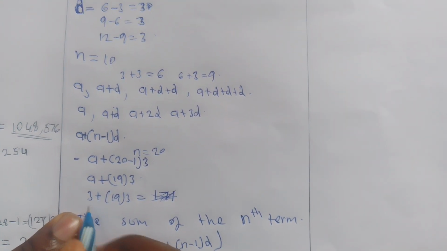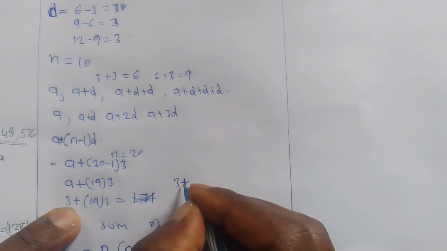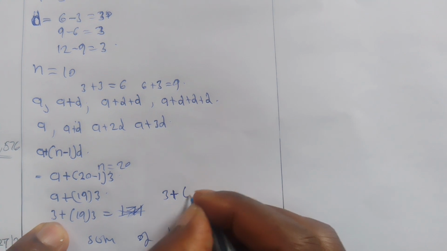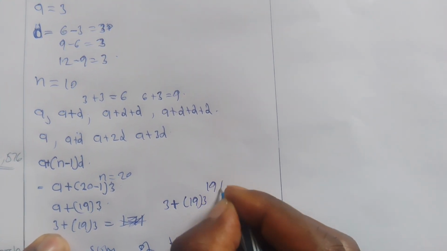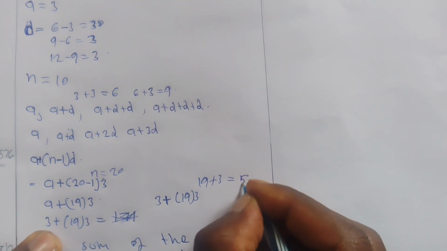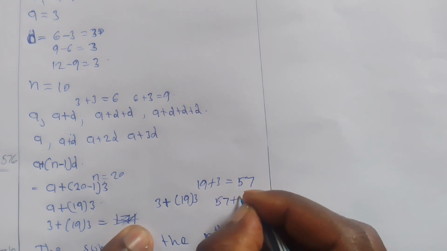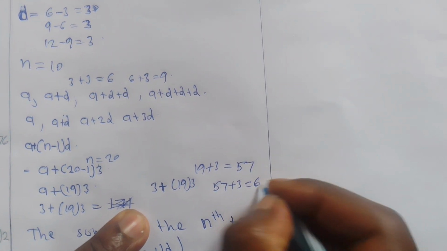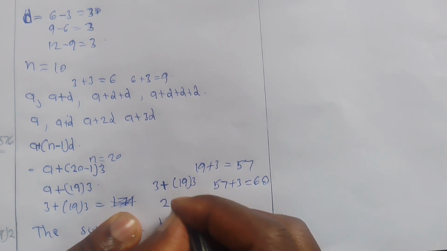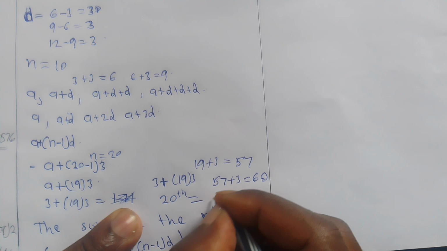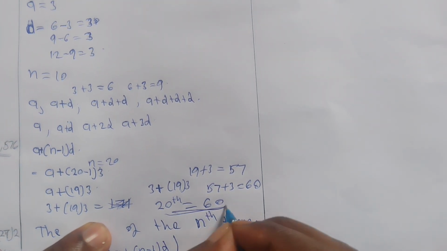Our 20th term is 3 plus, in brackets, 19 multiplied by 3. 19 times 3 is equal to 57. 57 plus 3 is equal to 60. So our 20th term is equal to 60, not 171 but 60.